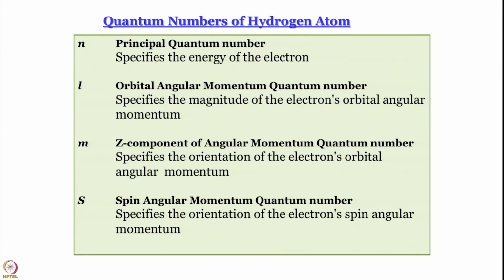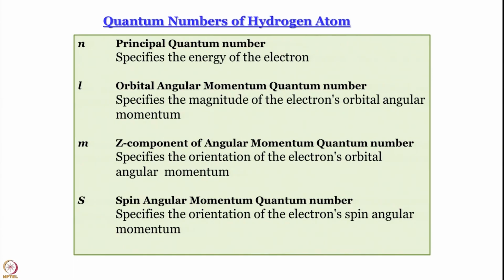If you remember, and we are going to say this again later on, if you have a free electron, then it is not associated with any n or L or m. n, L, m, these quantum numbers arise because the electron is in the field of a nucleus.